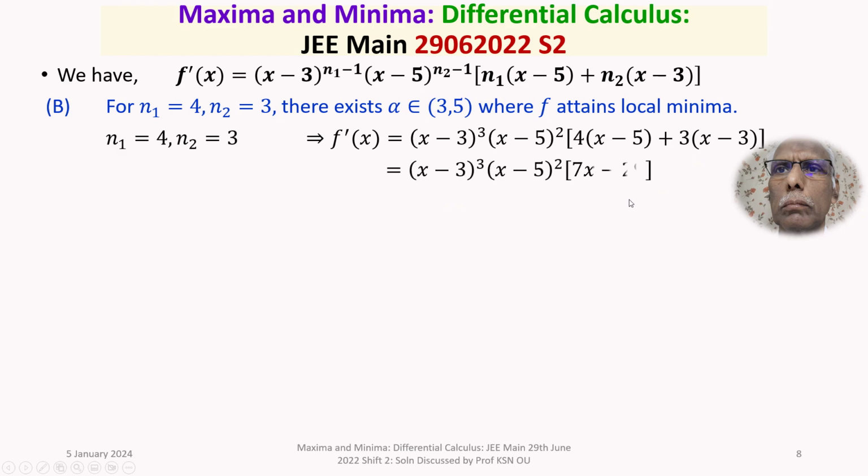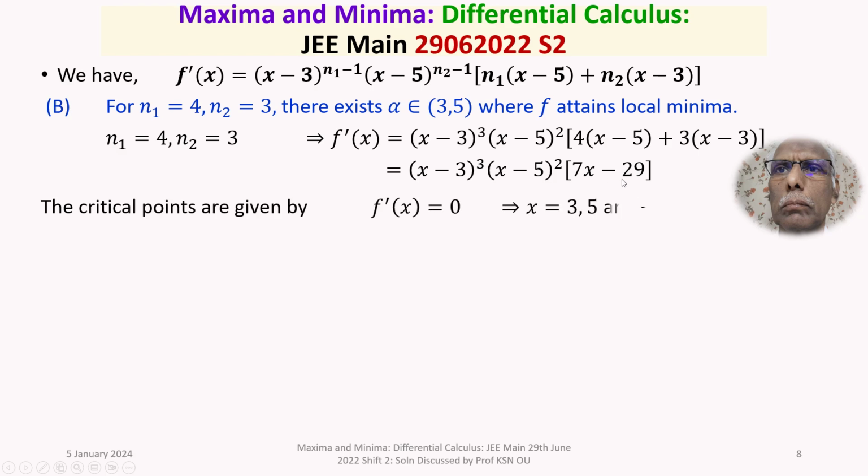So the three factors are (x - 3)^3, (x - 5)^2, and (7x - 29). Thus we get the critical points 3, 5, and 29/7. Let's look at the diagram.